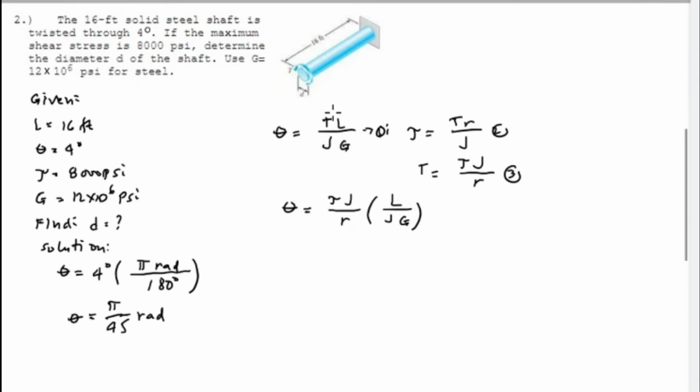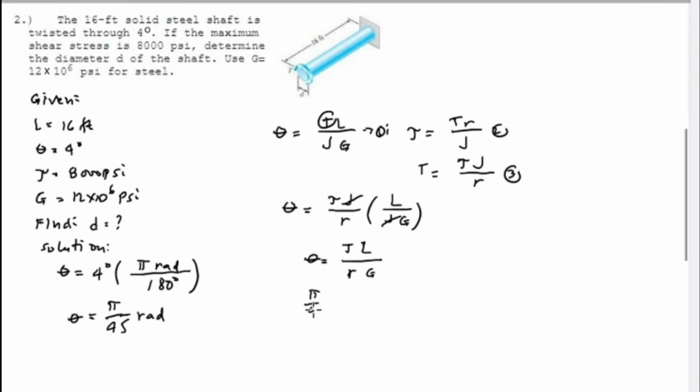So we convert T to stress times J all over R, and we cancel out J, and we get shearing stress times the length all over R, the radius, times the shear modulus, and that's for theta.